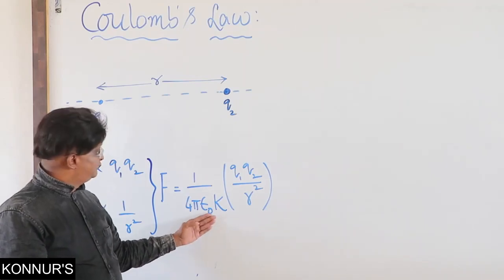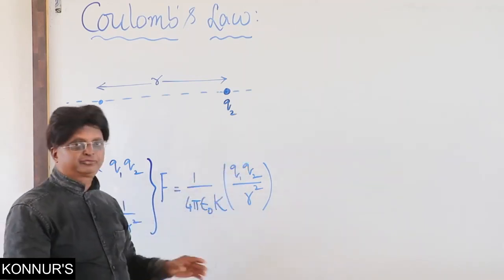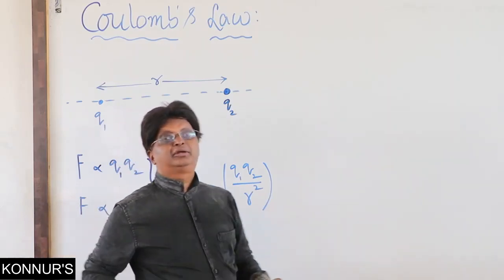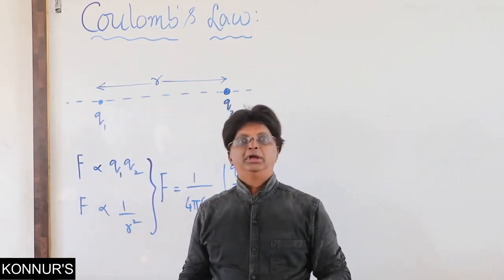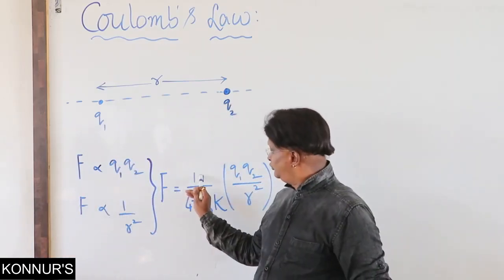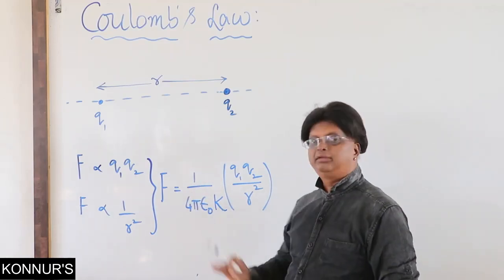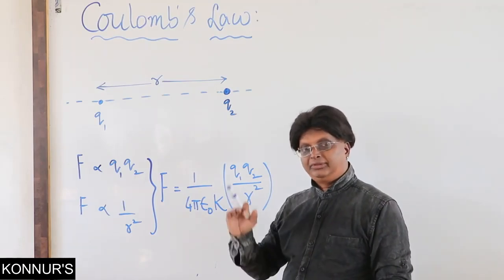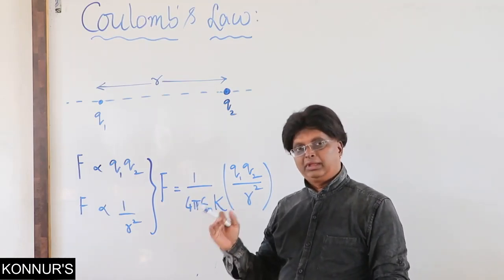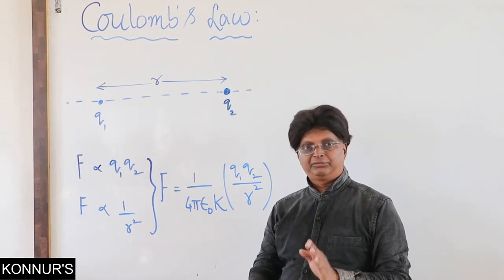Then Q1 Q2 by R square, and everything is in the scalar form. We are writing for magnitudes. The value of 1 by 4 pi epsilon naught is also mentioned to you. The K value depends upon the medium other than air or vacuum. Right? This was our discussion.